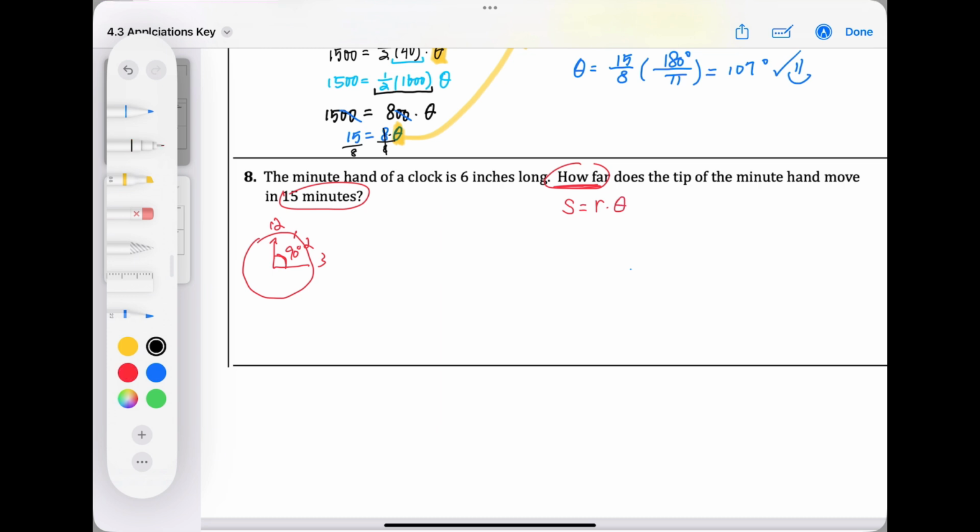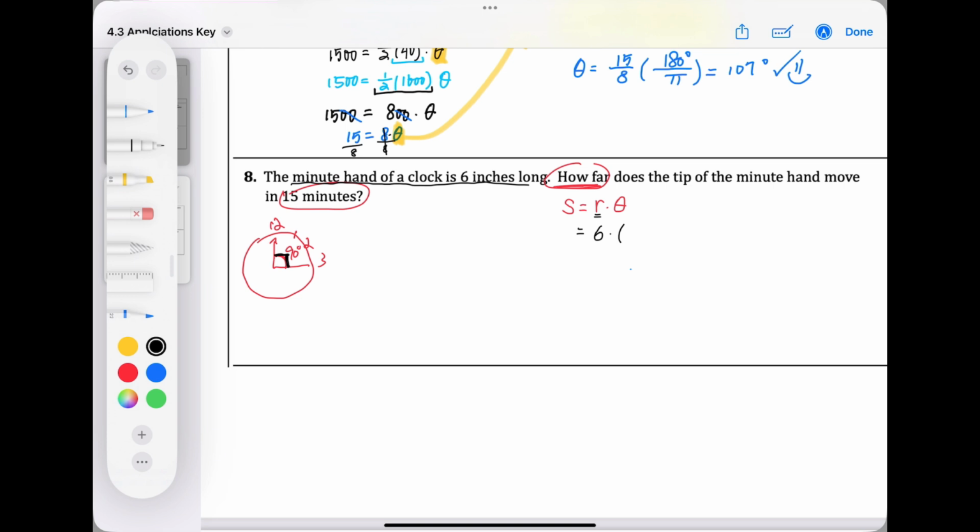So what are you waiting for? How far? I'm going to figure this out. Do I know the radius of the clock? Yes. The minute hand of the clock is 6 inches long. That tells me my radius is 6 inches, okay? Times the angle. How do you know about this for 15 minutes? Well, look at the picture.